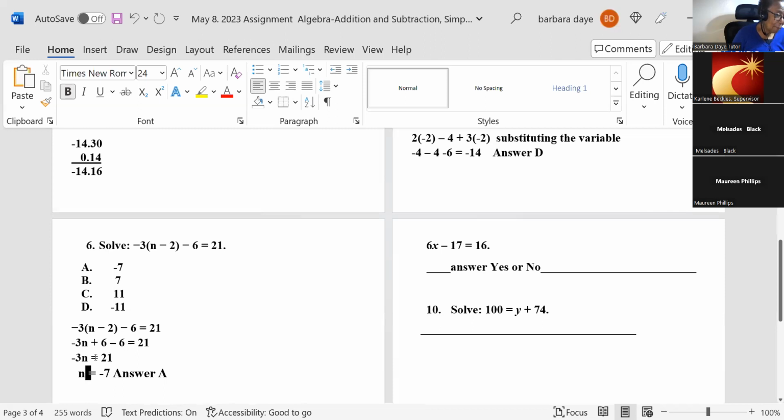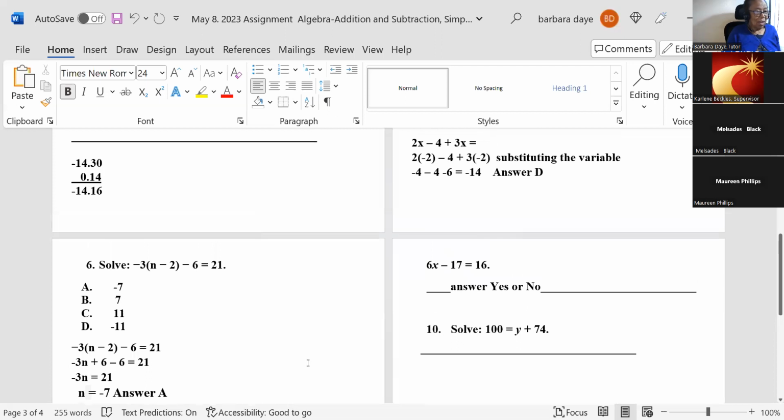That's a 7. But since it's a negative, it has to be a negative 7. At this point, you don't really have to divide out the minus 3. You can just use mental math and say 7 times 3 is 21, but this is a negative, so that has to be a negative 7 because I'm dividing by a negative, right? Yes. Thank you. So answer A.